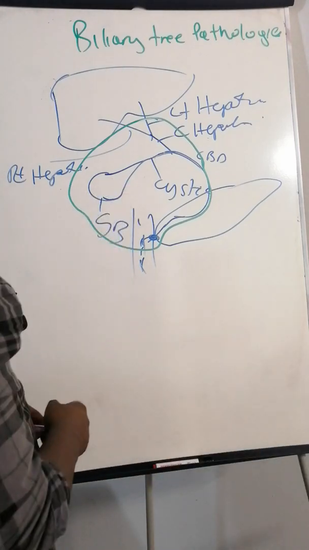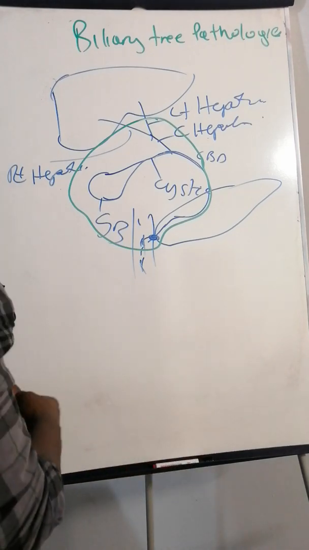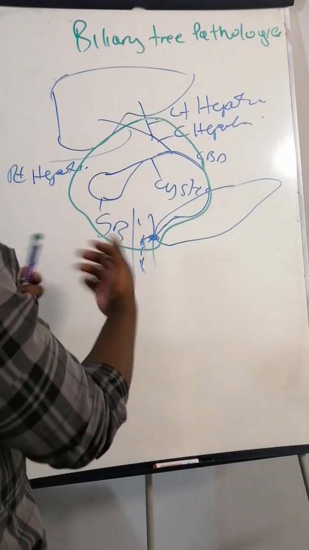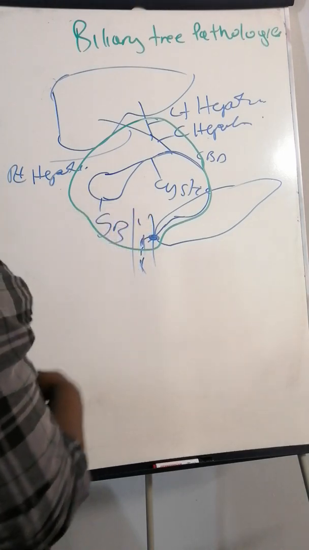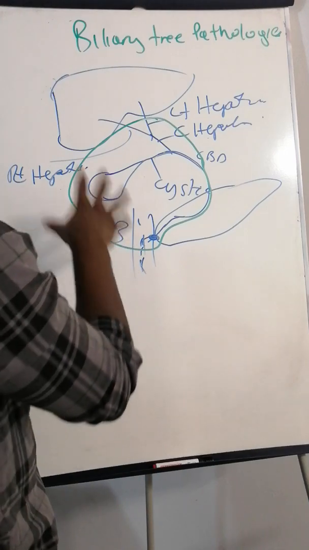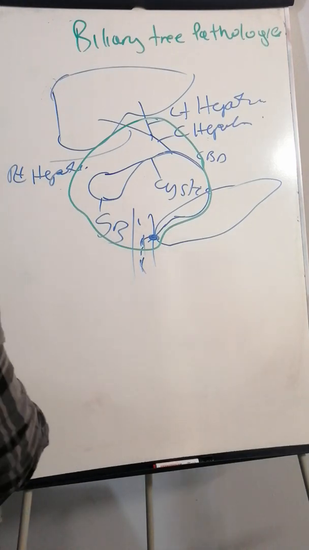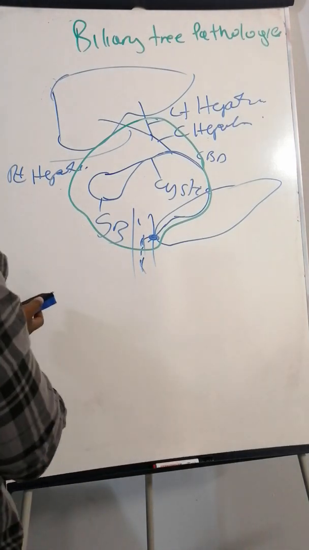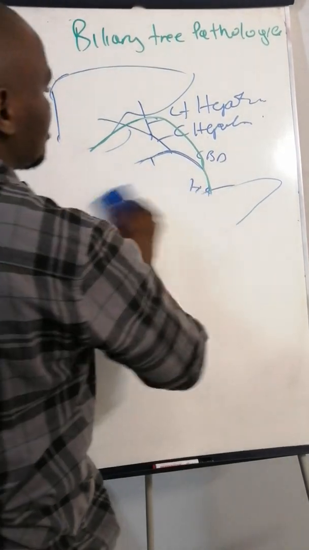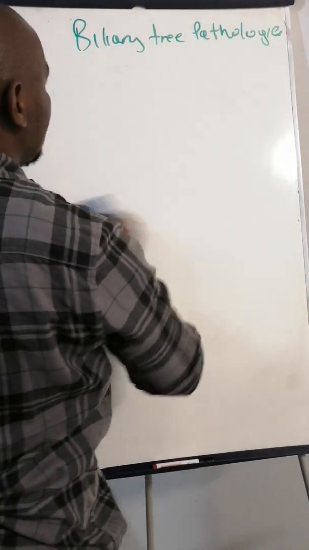Yes, you also get your cancers there, your cholangiocarcinomas, your head of the pancreas cancer, you get TB lymph nodes obstructing, that kind of thing. But because biliary tree pathologies is a big topic, we're going to take it in small chunks, chew them, digest them and assimilate.